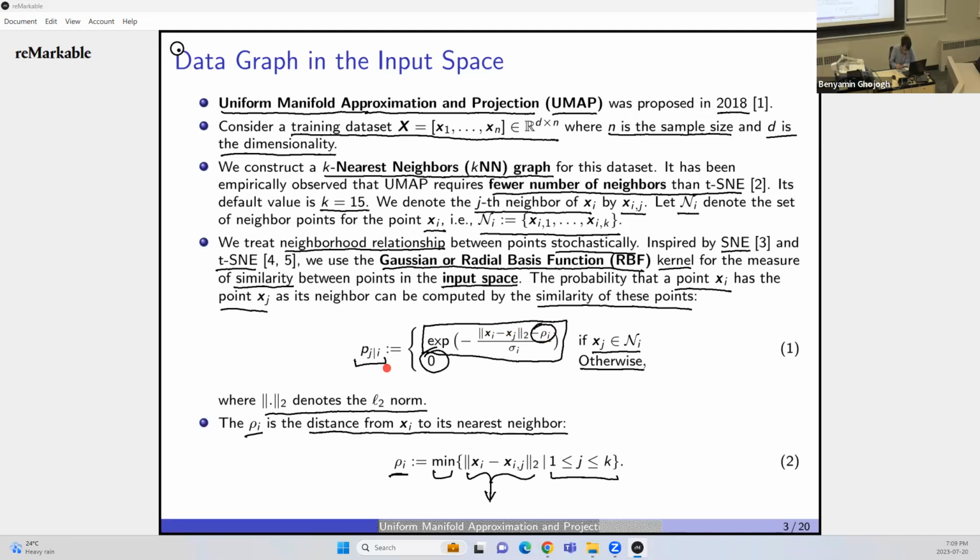It means that for the smallest distance, this becomes 1, right? And you notice that this pji doesn't sum to 1, because we don't have a normalization factor before this exponential operator. But at least it behaves like a probability, though it doesn't necessarily sum to 1.